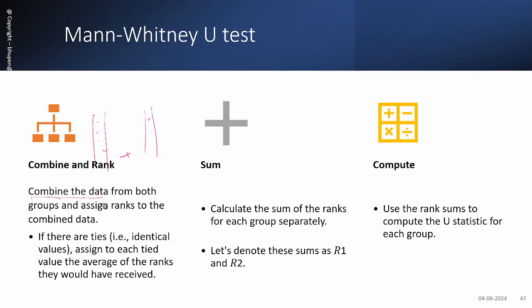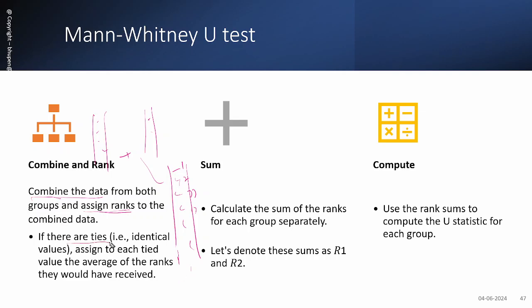After combining the data from both the groups, we are going to assign the ranks. That means after combining, let's say this is the resultant group, we're going to rank it 1 to 17 and so on, based on the values in the combined series.